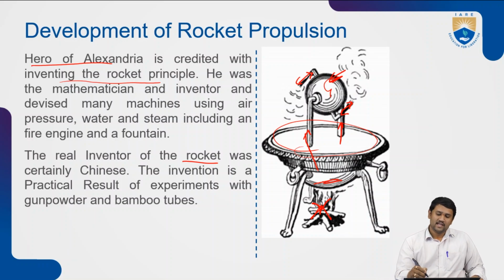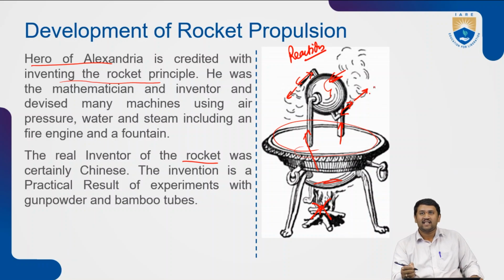Now, based on this, as soon as the steam gets out of your nozzle, right? It tends to give out a certain reaction, a certain reaction for the outward steam.